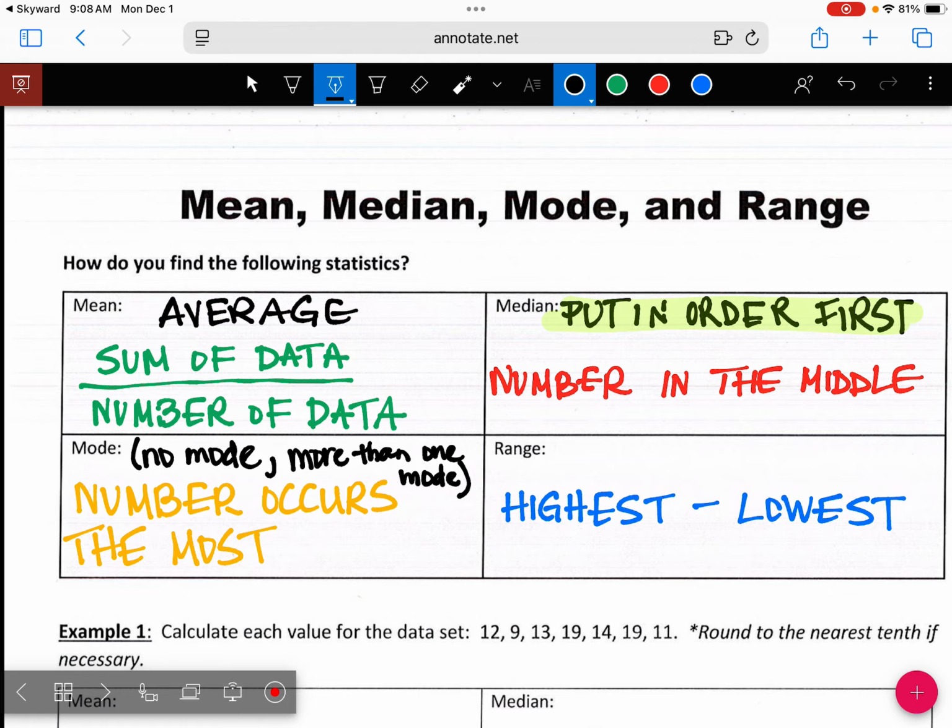Okay, you can't have more than one mean or more than one median or more than one range. But for the mode, you can have more than one or you can have none at all. And then for the range, we're going to put the highest number and subtract from it the lowest number.